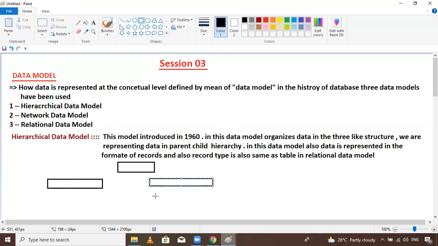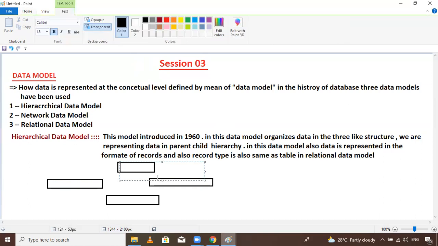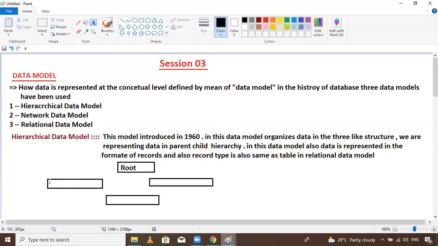This is the data hierarchy, the hierarchy model. This is the root part. And this is the parent child relation.